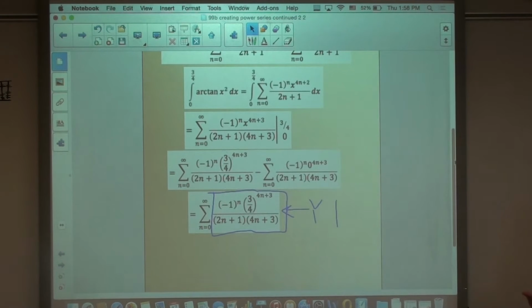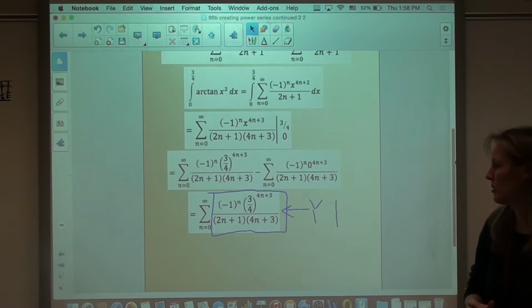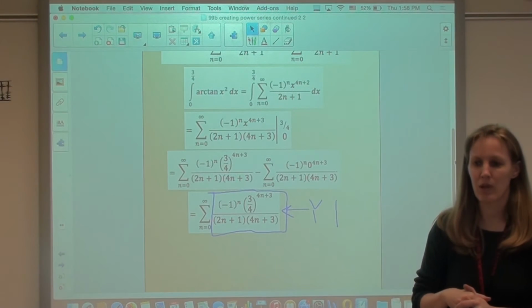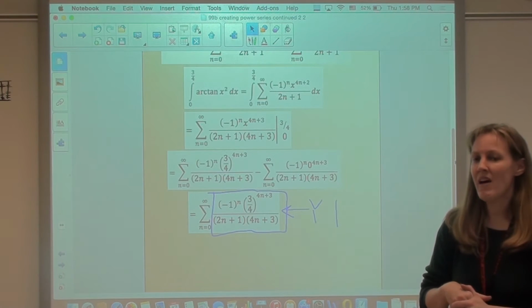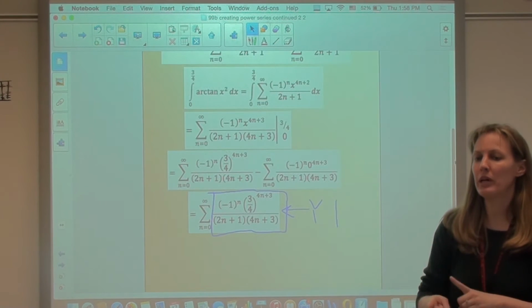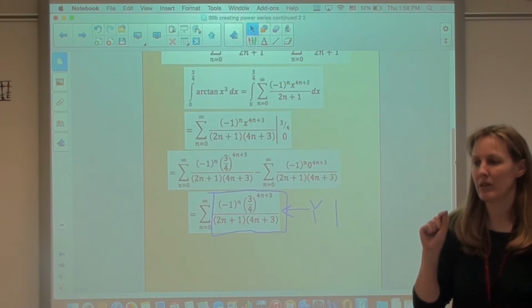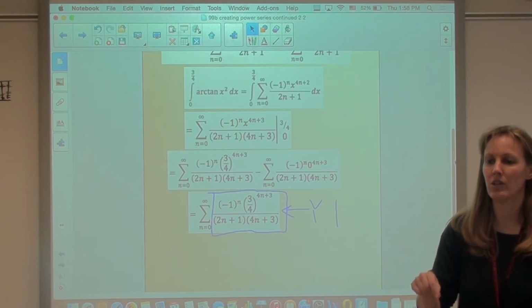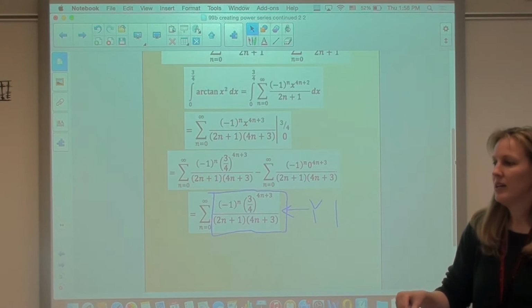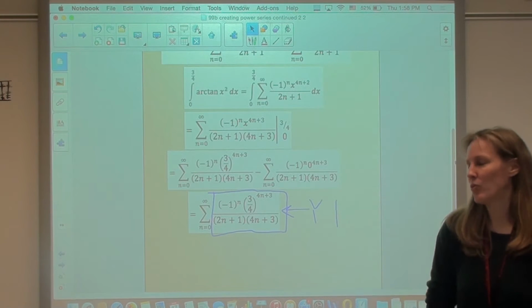Float is your best setting. All the other ones are just stupid. So keep it on float. Everyone got theirs set to float, not float 6? I have had students lose points on the AP exam because their TI-89s default to float 6. It's just the way they come out.